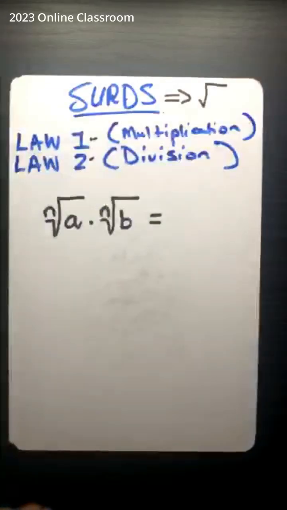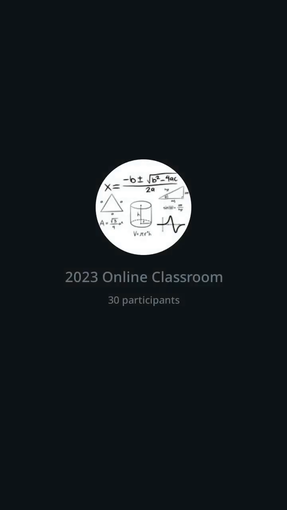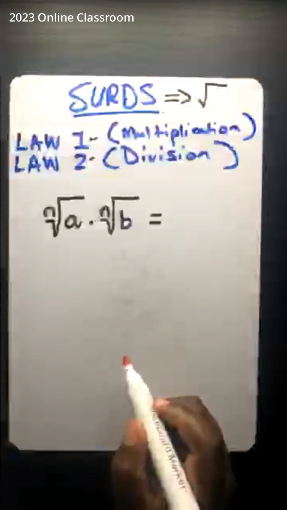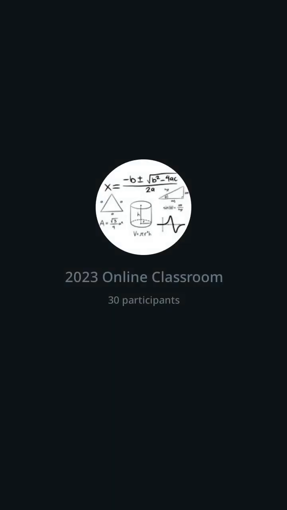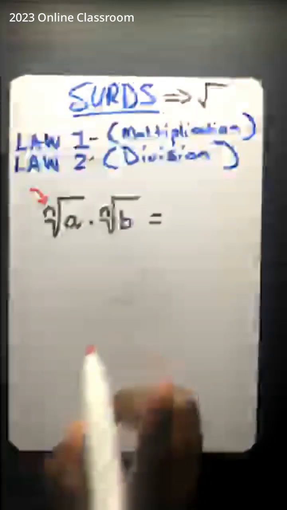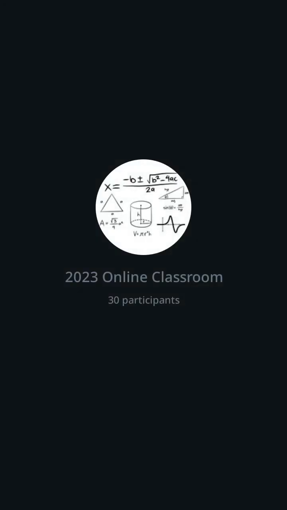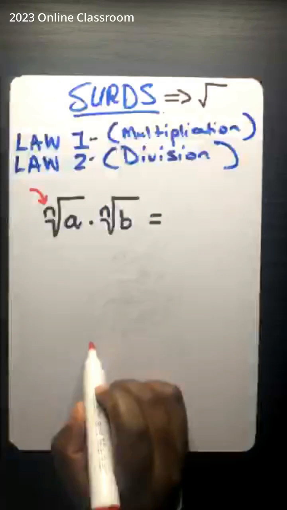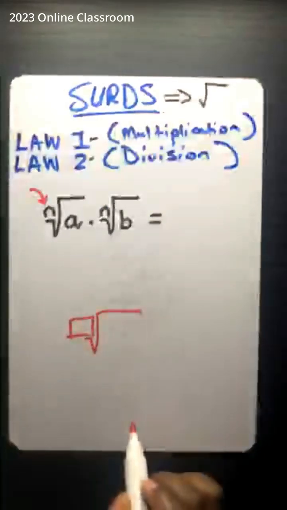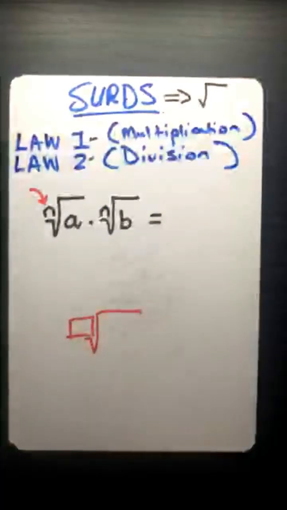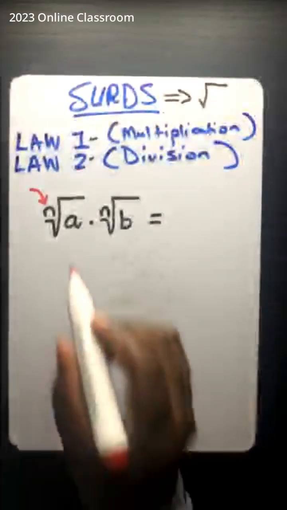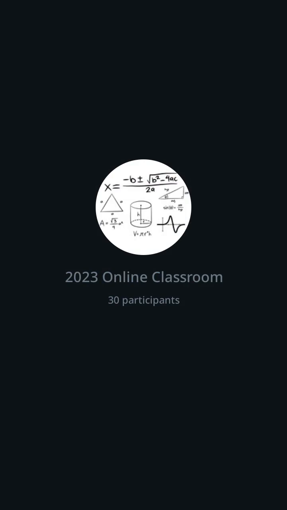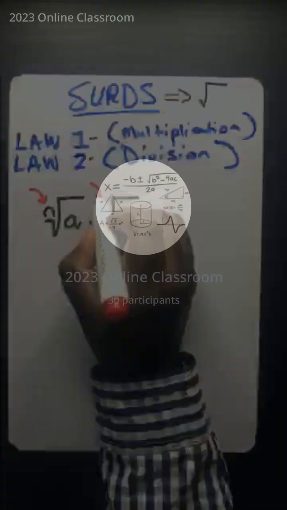I'm not really sure what to call this, but for now let me say the tail. Every time I talk about the tail, I'm talking about this thing in that position. I'll find a proper way, but for now let's call it a tail. When we look at the tails of these two square roots, can you see they are the same?